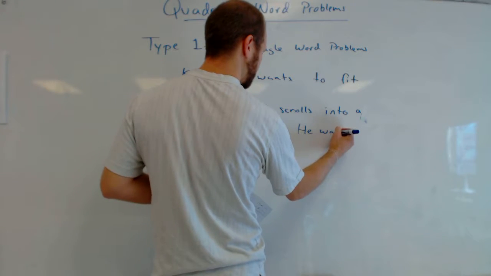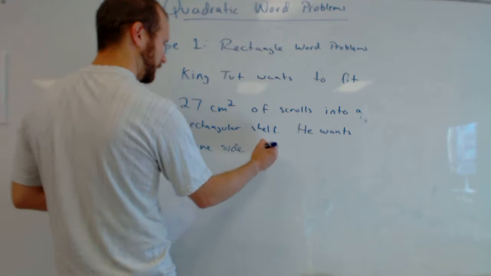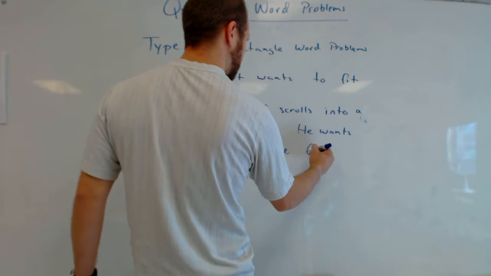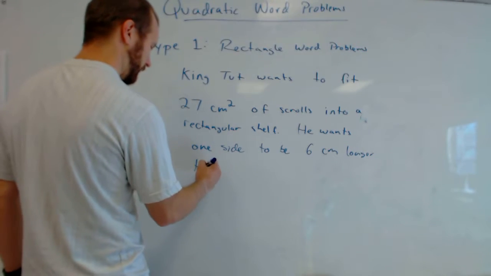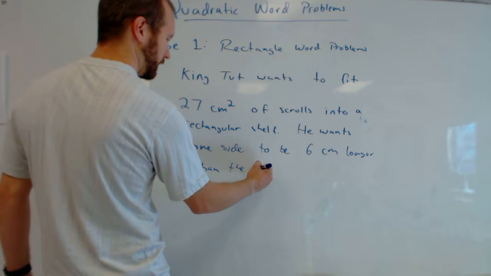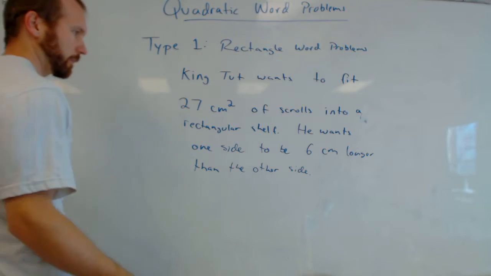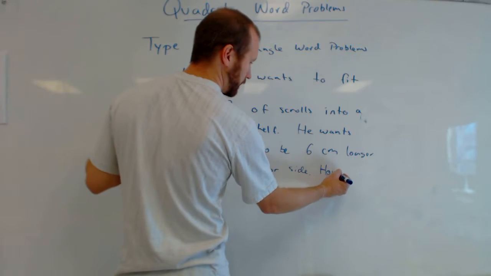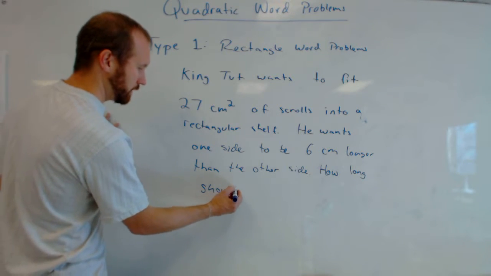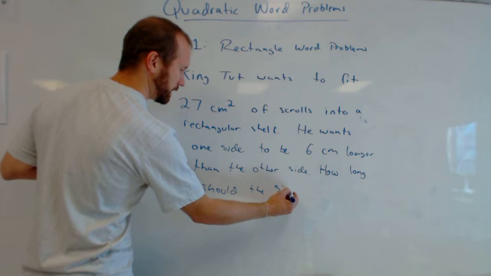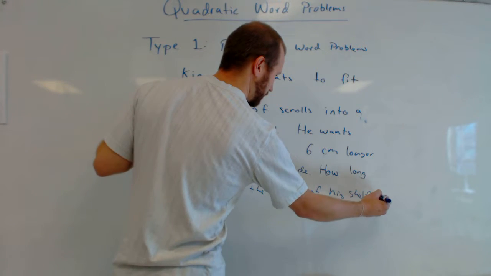He wants one side to be 6 centimeters longer than the other side. How long should the sides of his shelf be?